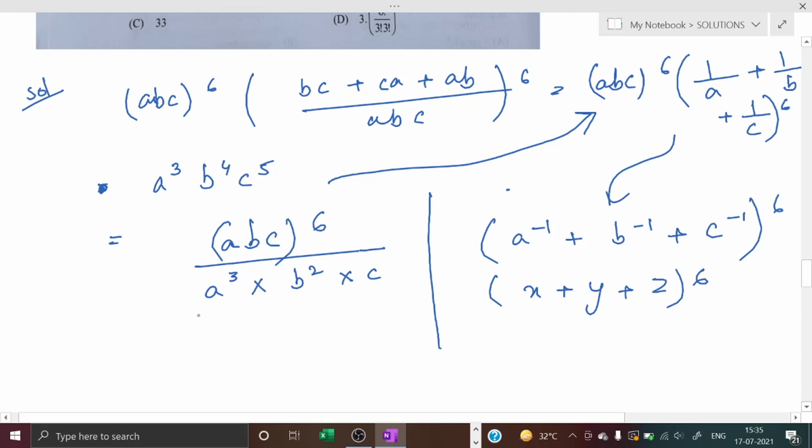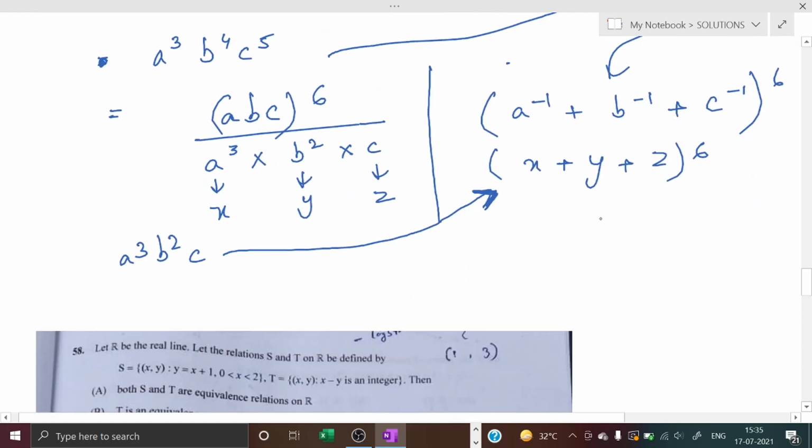So we have to find the coefficient of, suppose this is x, this is y, and this is z, we have to find the coefficient of a cubed, b squared, c in this. That would be 6 factorial by 3 factorial into 2 factorial into 1 factorial.